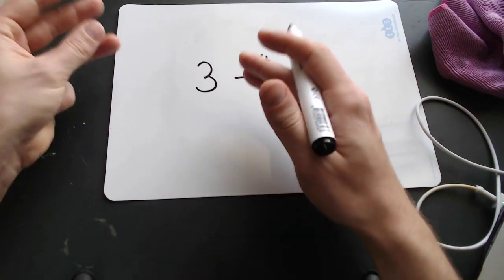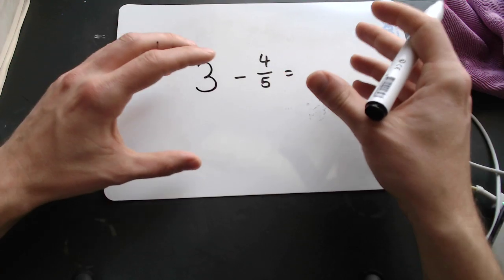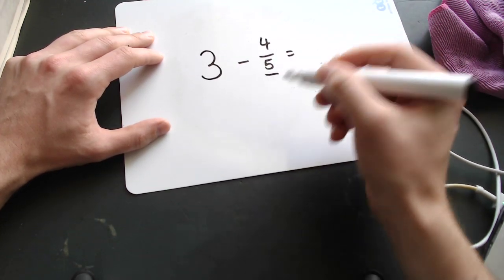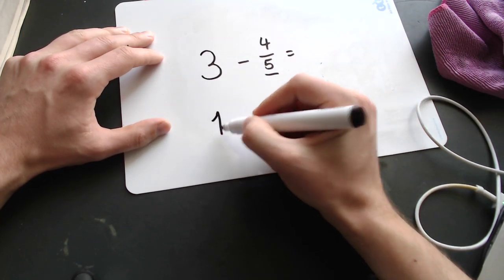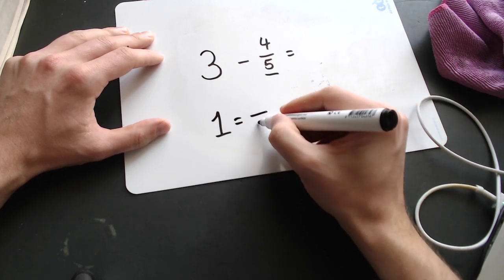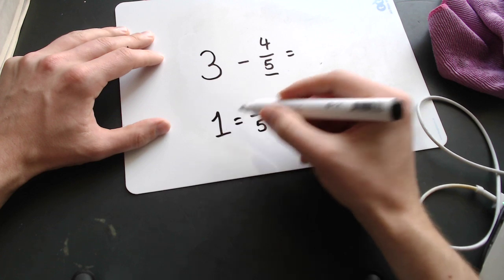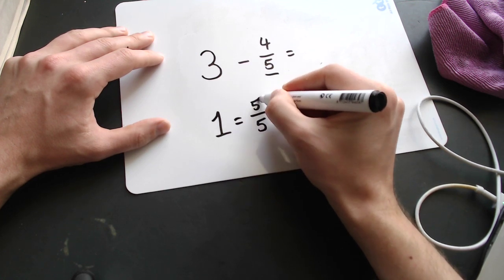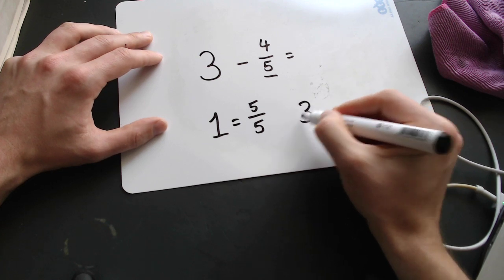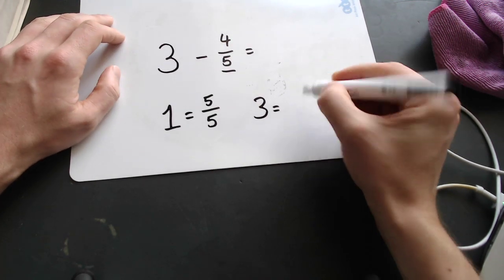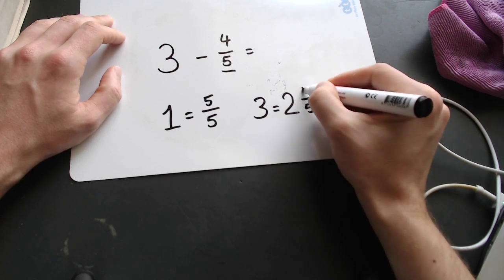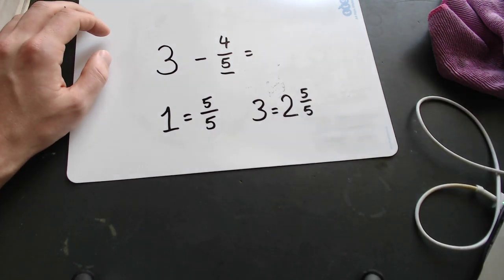So we want to show whole ones and we want to show a fraction in this number. Now, the denominator here is 5, right? So I just want to have one whole one and write it down as a fraction with the denominator 5. So one whole one equals 5 over 5. In other words, 3 whole ones is the same as 2 whole ones and 5 over 5.